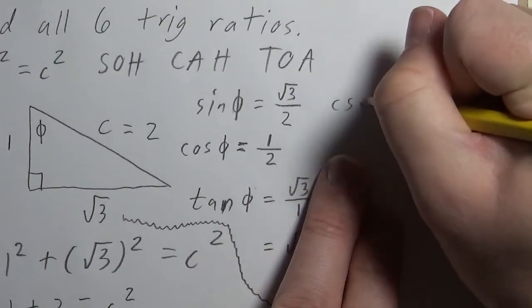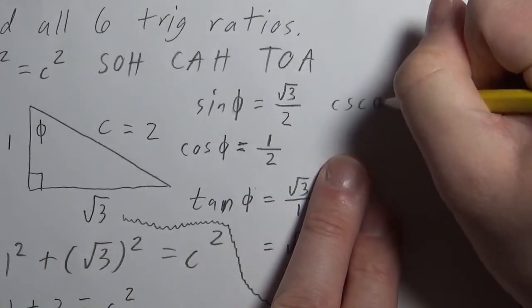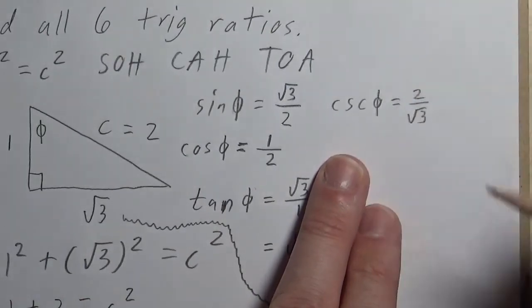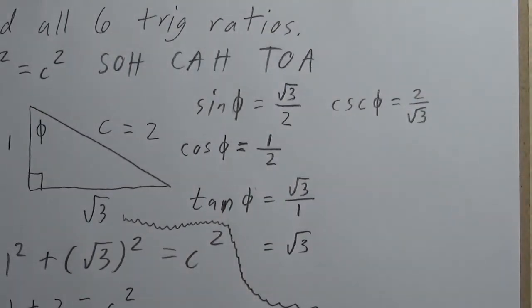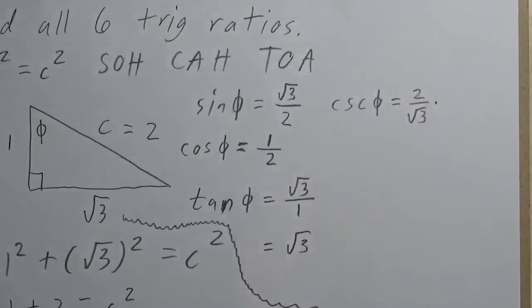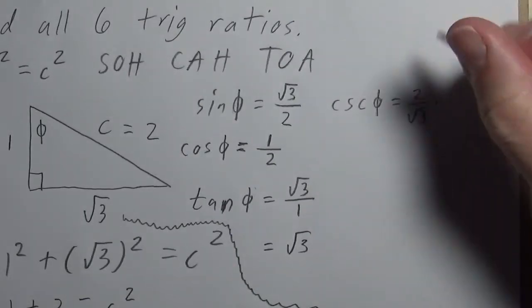The CSC ratio is going to be 2 over root 3. And that's a problem, unless you're in calculus. If you're in pre-calculus or algebra 2 or any other course besides calculus, you can't leave it like that. You have to multiply it by the equivalent of 1. This is a topic for another video. Totally different lesson.